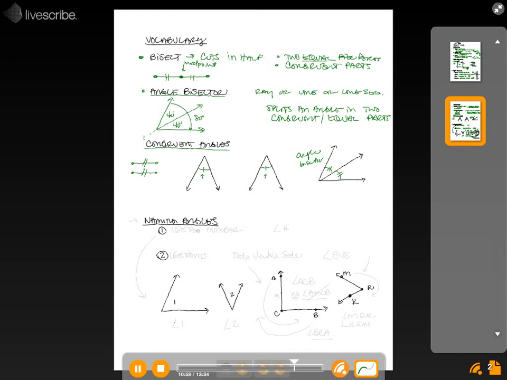Okay? Last thing we're going to talk about in this video is how to name an angle, and there's two ways to name an angle. First one is to use a number. And that number should be in the angle. You can't add it to it, okay? It should be inside the angle. And what we do is we use a small angle, and then we put whatever number it is. So if we go down to our examples here, this is angle 1.